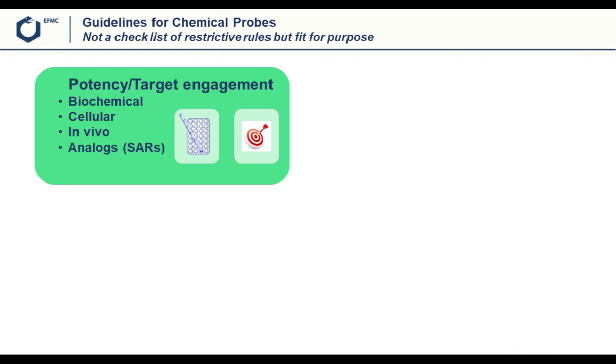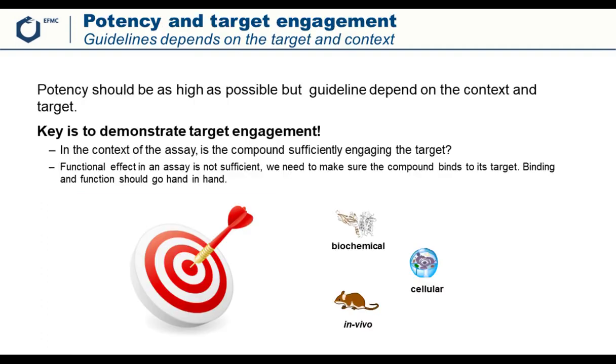So let's start with potency and target engagement. Obviously, when you talk about potency on a particular target, it should be as high as possible. But the guideline depends on the context and the target. We believe that the key is actually to demonstrate target engagement, which means, in the context of the assay in which you test your compound, is the compound sufficiently engaging the target?